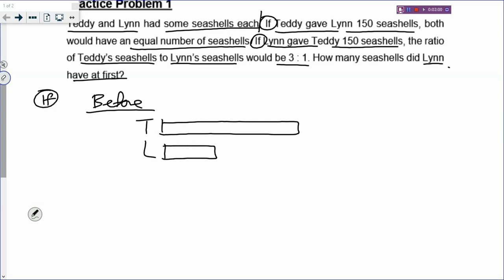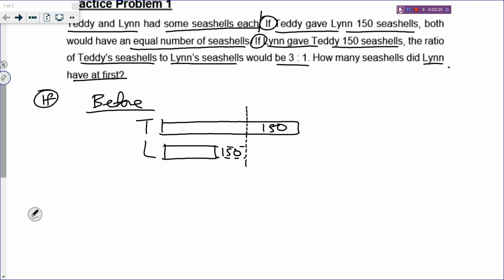Okay, so where are you now? The first sentence you can draw, and let's draw the next sentence. If Teddy gave Lynn 150, both will have equal. Remember the equal concept. How do you show the equal concept? You use your dotted line and cut the "how many more" into half. Which means that Teddy will give away 150, and then Lynn will receive the 150.